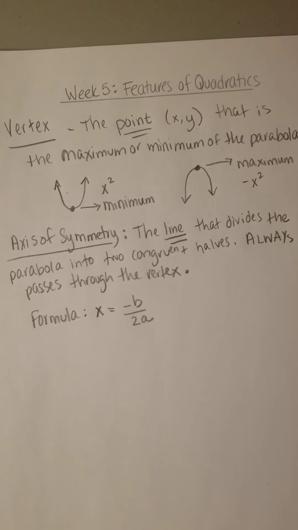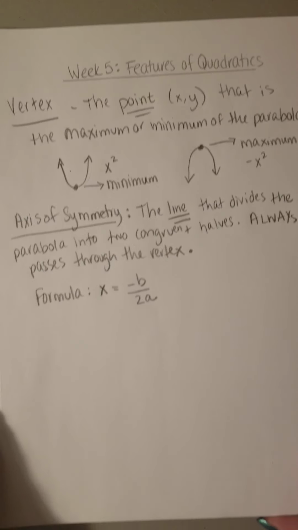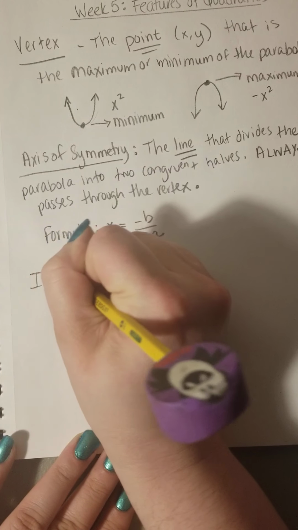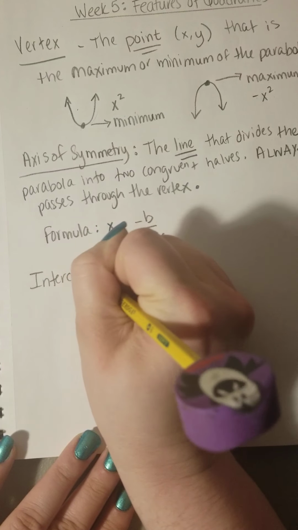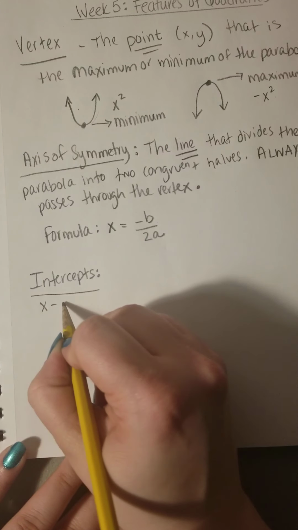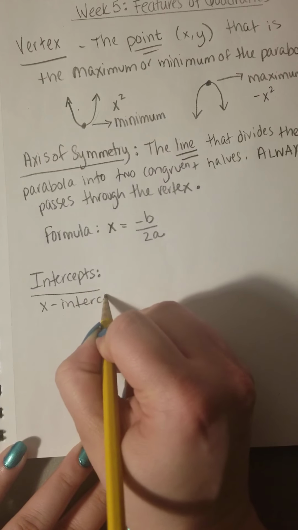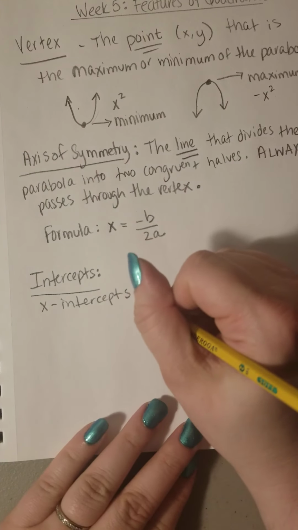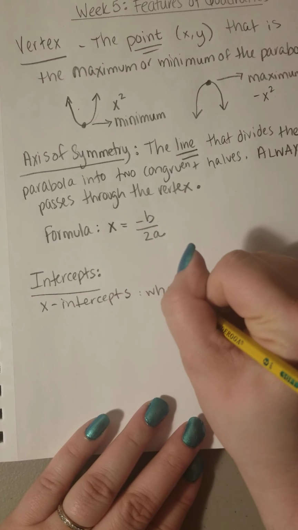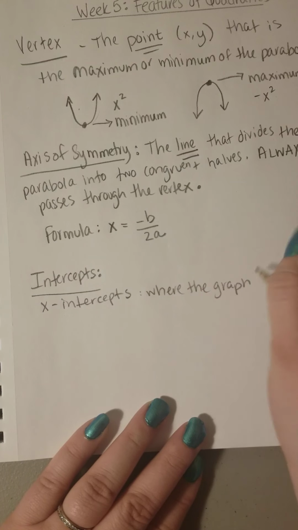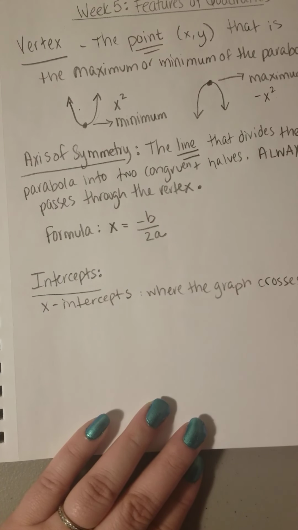Okay, the next thing that we're going to talk about are intercepts. There's two types. The first type are x-intercepts. X-intercepts are where the graph crosses the x-axis.